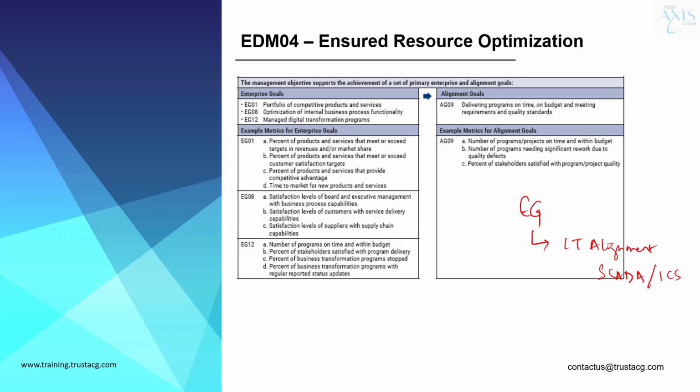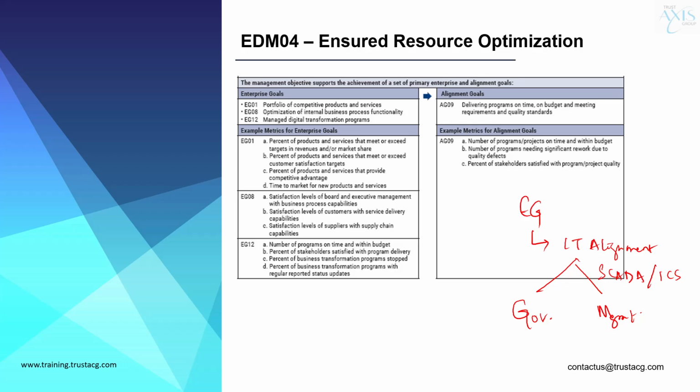Once IT alignment goals are designed, then certain governance objectives must be curated and supporting management objectives must be curated as well. In this series, what we are focusing on is to understand what these governance and management objectives are. Today's specific governance objective is ensured resource optimization.